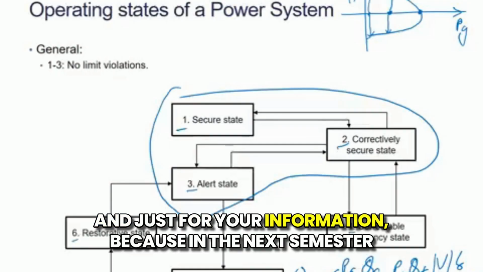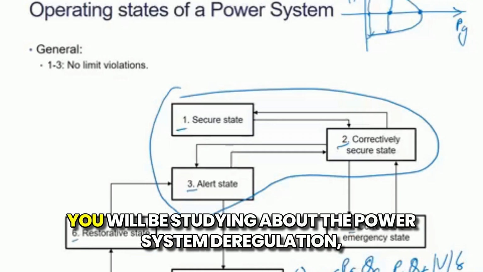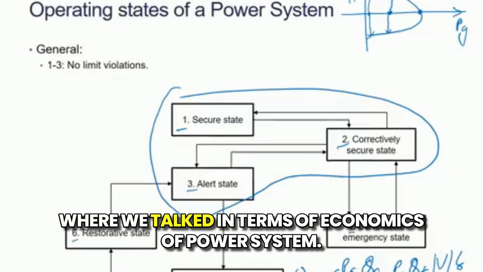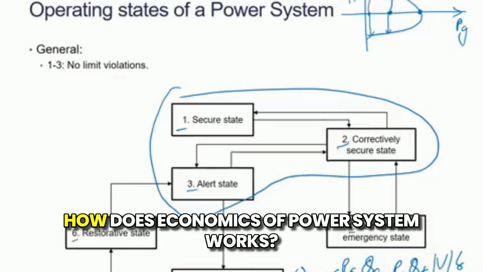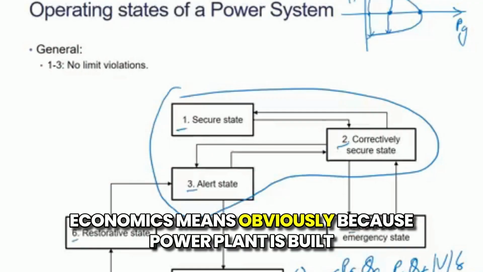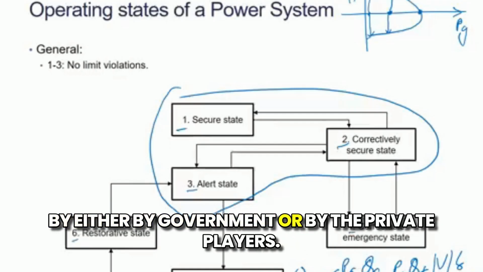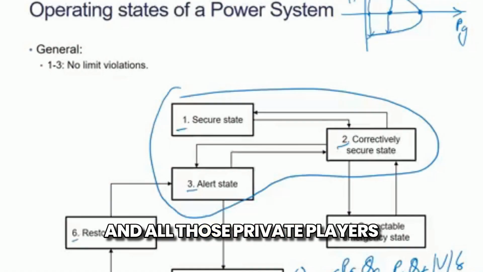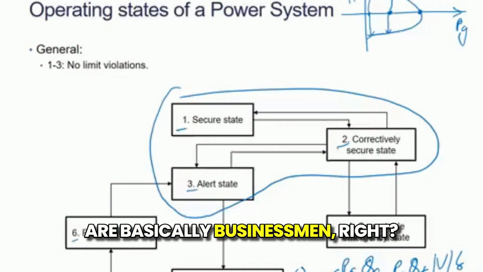Just for your information, in the next semester you will study power system deregulation, where we talk in terms of the economics of power systems. How does the economics of power systems work? Economics, obviously, because a power plant is built either by the government or by private players, and private players are basically businessmen, right?